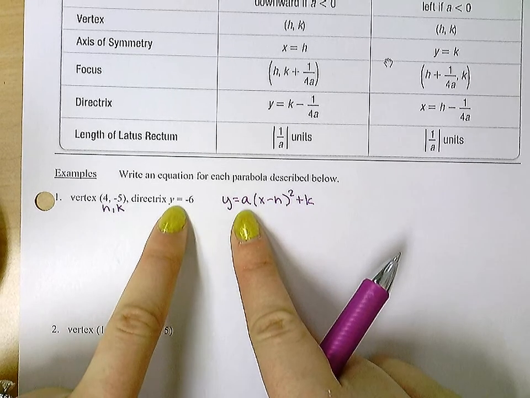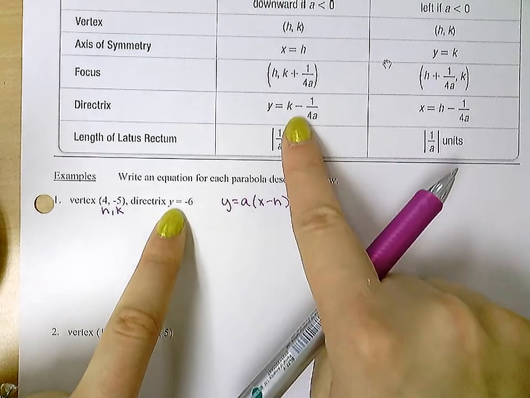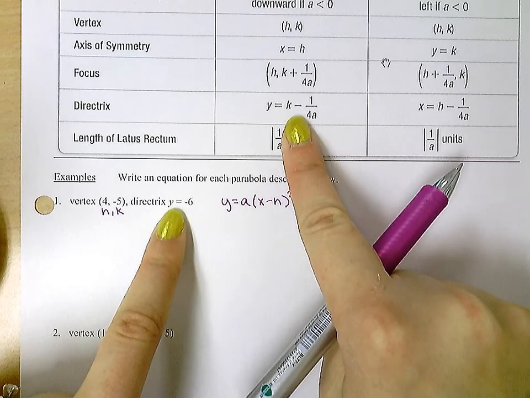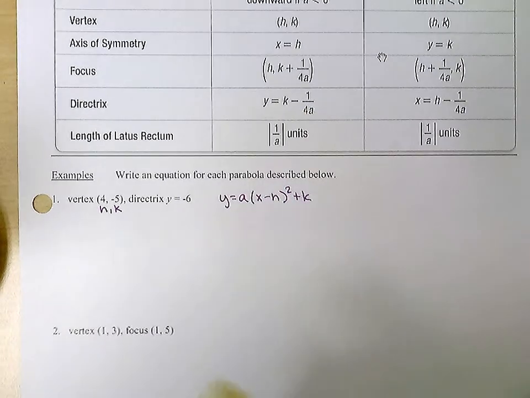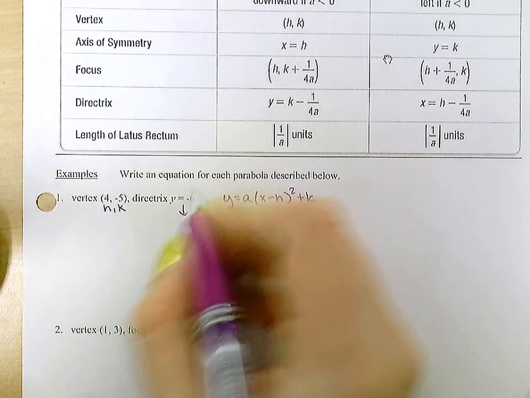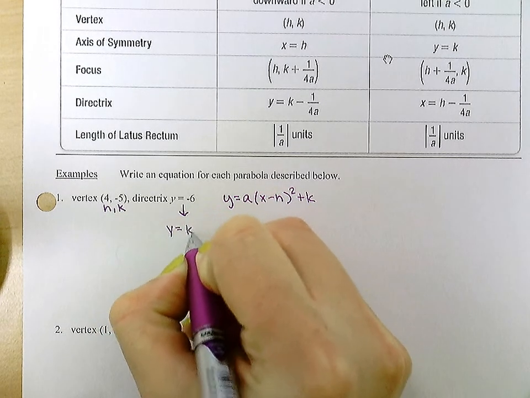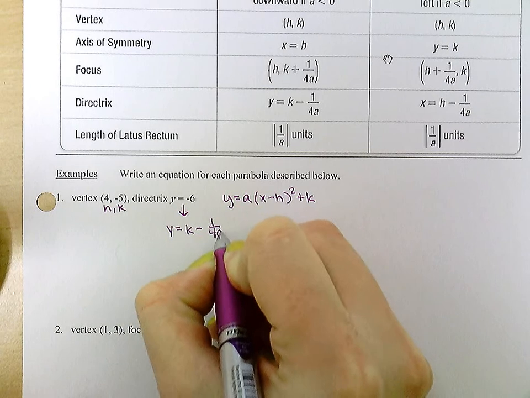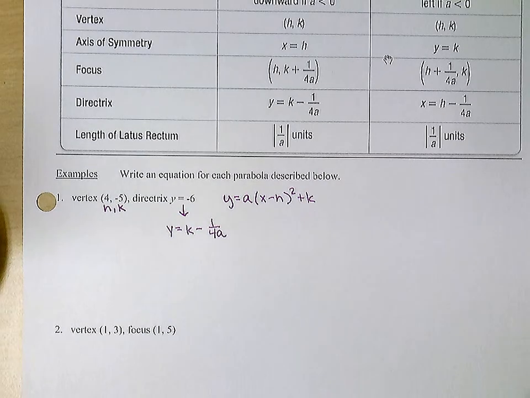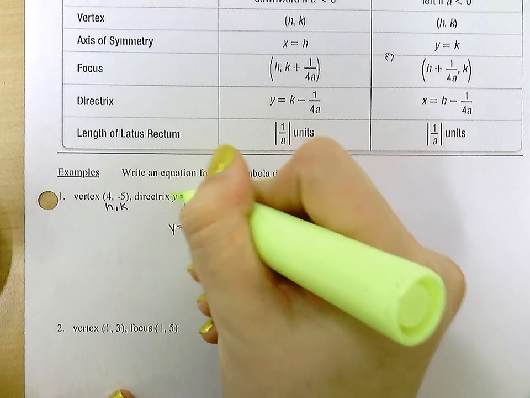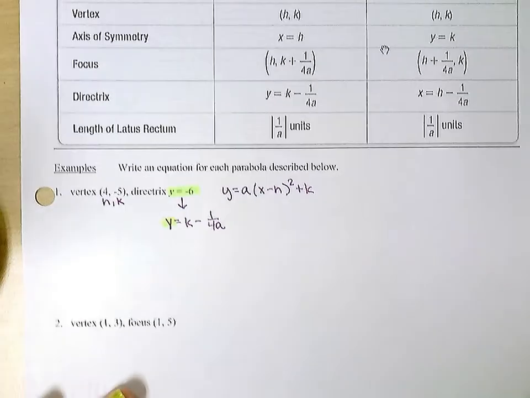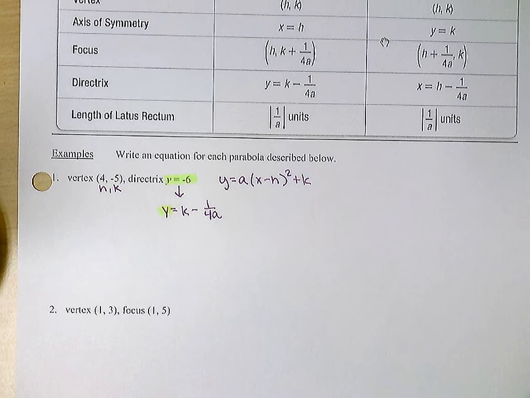Well, I know the equation to find our directrix. It is y equals k minus 1 over 4a. I know what y is, y is -6, so that's what I'm going to plug in for y.